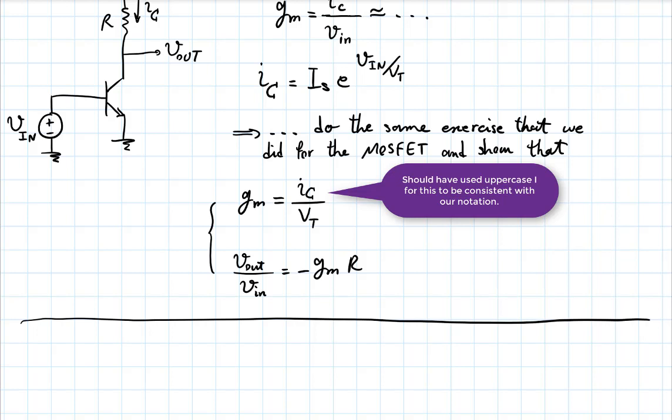So connecting to that question that you just asked, how much gain you get is really a function of where you bias things, because you see that it clearly depends on the bias current. And so I'd like to spend a few minutes talking about biasing now.